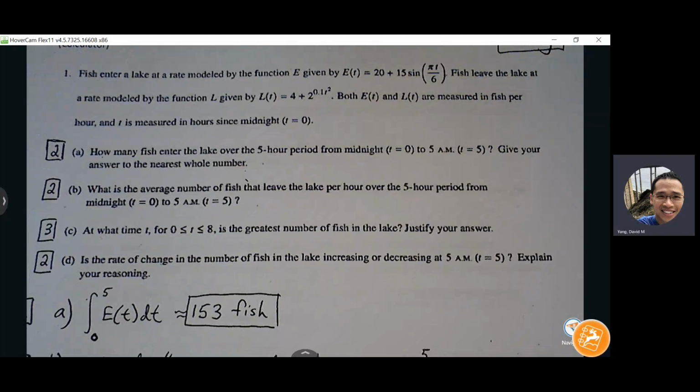So in your calculator, enter in your E of t. These numbers to the right are my guesstimation in terms of how many points each part is worth.